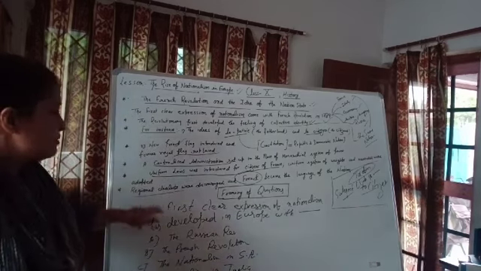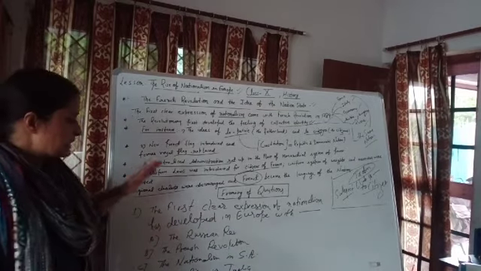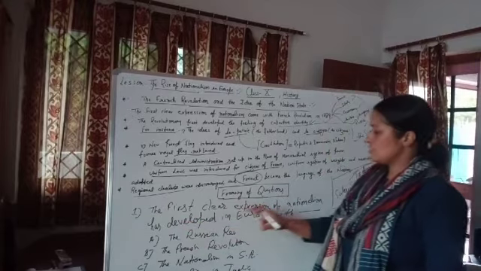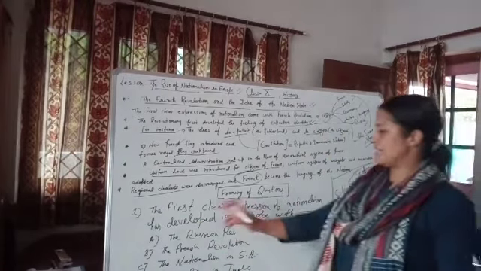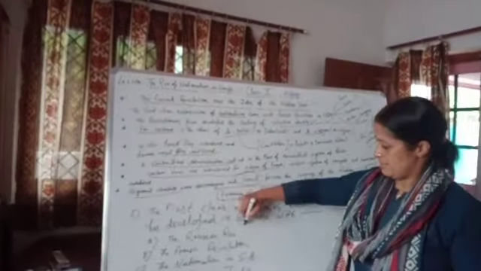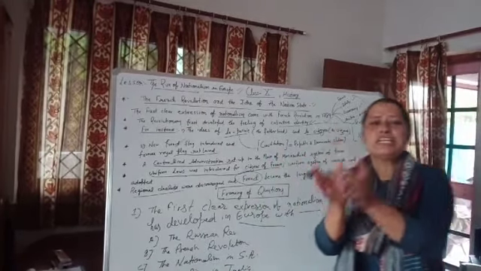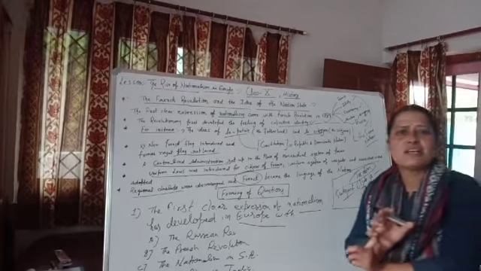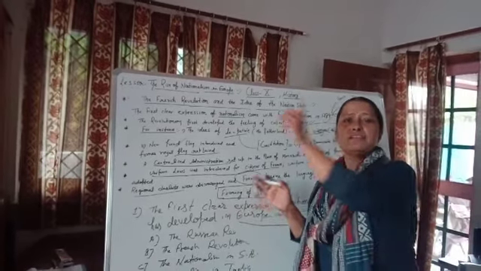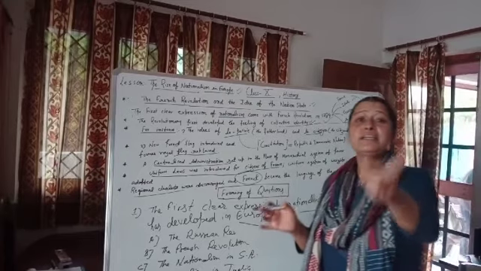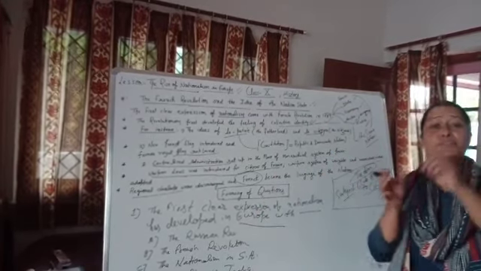So now how will you clearly select the correct option? Exactly. The first clear expression of nationalism has developed in Europe. They are asking you about Europe, because the nationalism feeling is not limited to France, it happened in Russia also, that's why there is a Russian Revolution. It has happened in Indian history also, that's why there is nationalism in India.